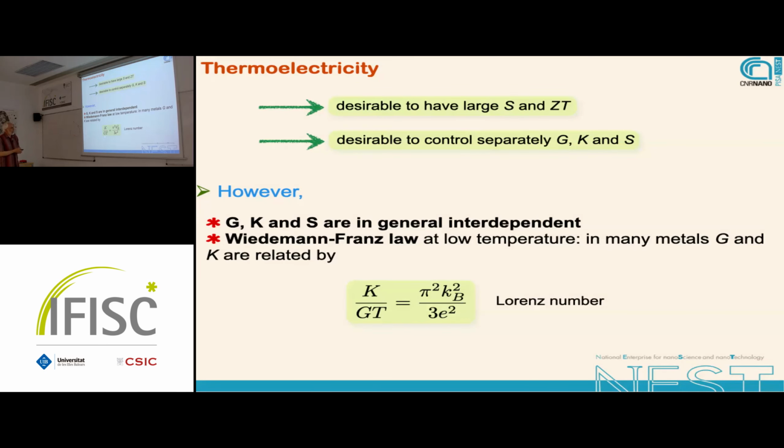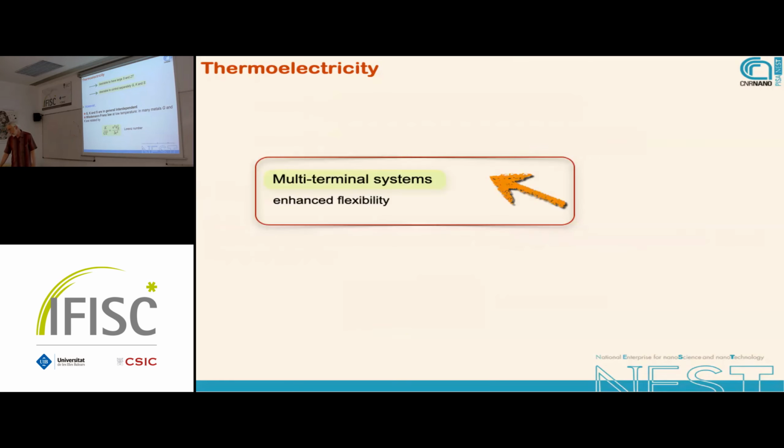Actually, their ratio is equal to a constant divided by temperature, a constant which just depends on fundamental constants. So this makes a big constraint, and that's one of the reasons why it's difficult to make a large ZT.